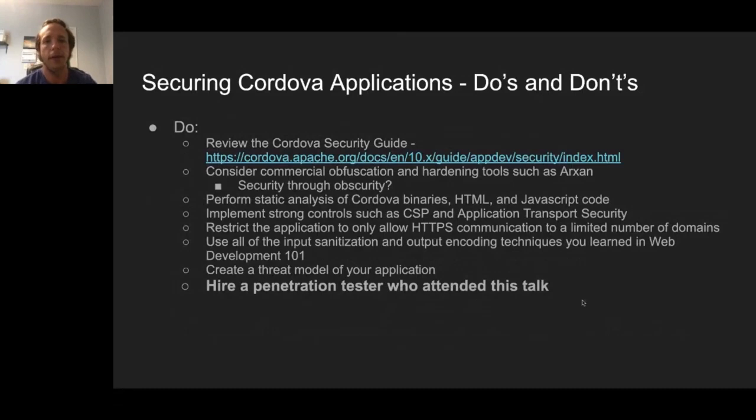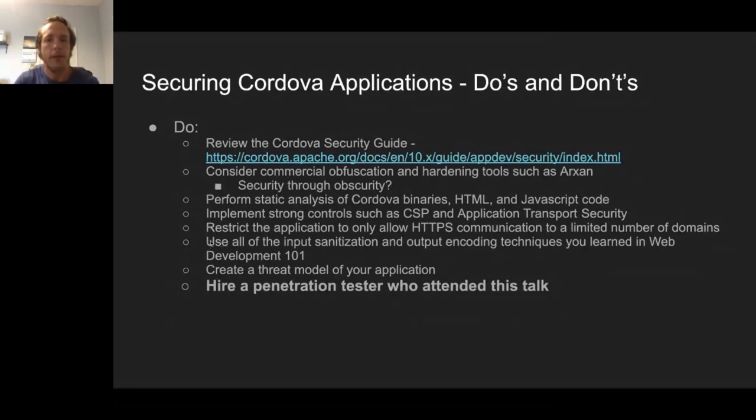I do recommend that you use static analysis tools on the HTML and JavaScript. So all of your HTML5 code, you want to test before you bundle it into a native application to make sure that you're not doing anything that could create a vulnerability. I do recommend that you use a strong content security policy and application transport security to make sure that your application is only communicating to the URLs that it needs to, and it's only communicating using secure protocols.